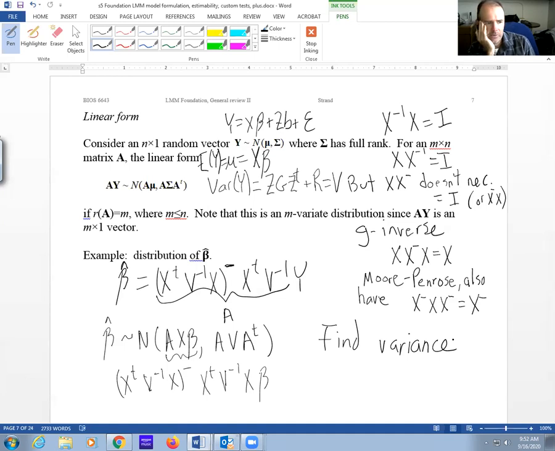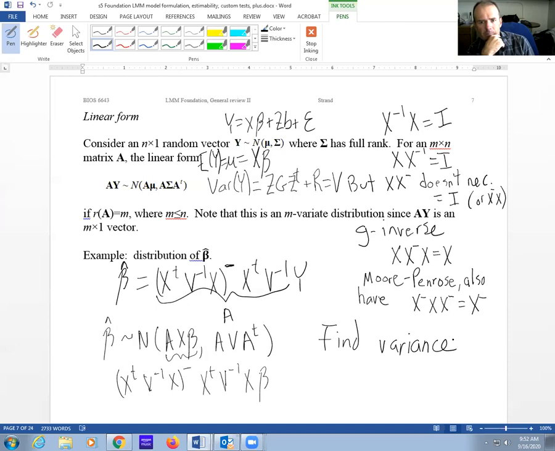And so why estimability is important is that you find L times beta hat, where the L beta is unique, and then we're dealing with a distribution that doesn't depend on the G inverse that you use, okay?